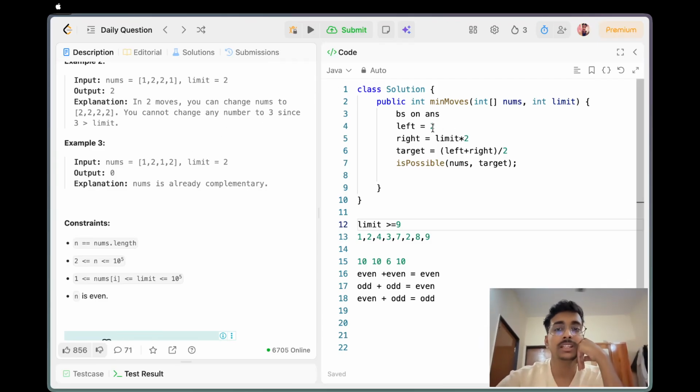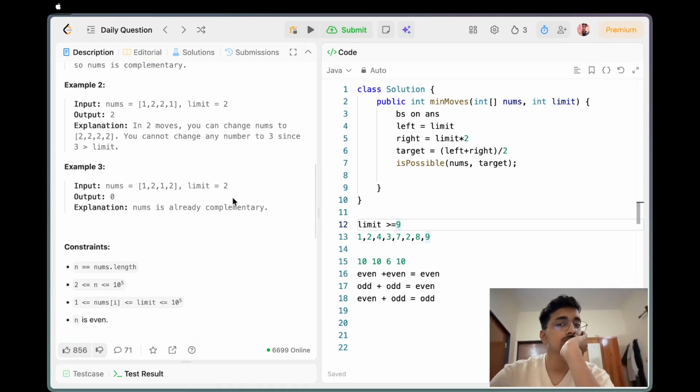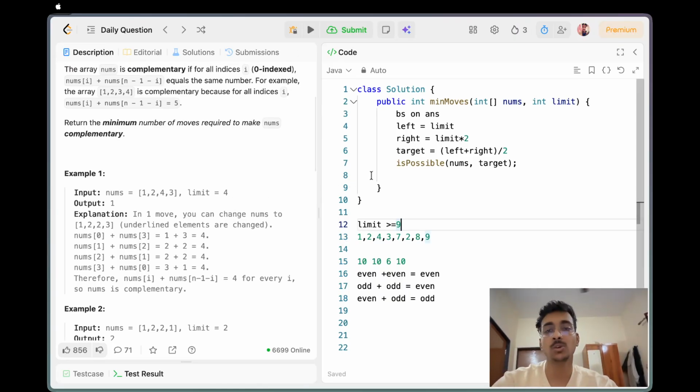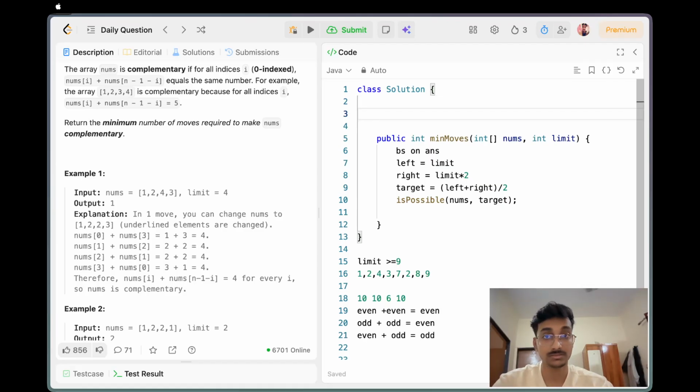So it will not be limit, it will be just simply limit. Okay, let's implement it first and then think about whether it makes a feasible solution or not.